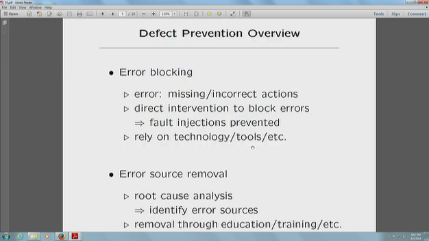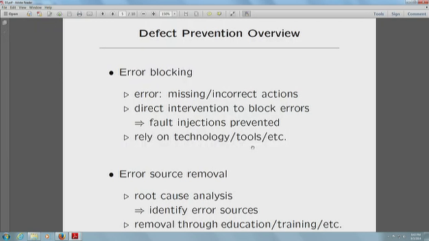Oftentimes we have those kinds of operations in our programs, and if you have some facility, it can help you with preventing some similar kinds of problems from being injected into the system.